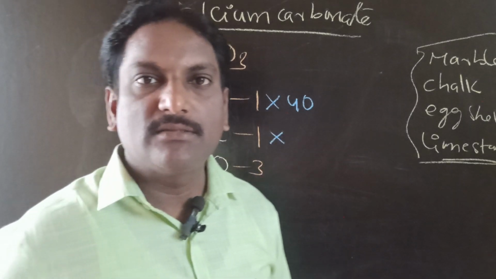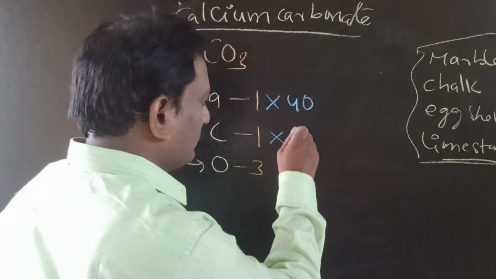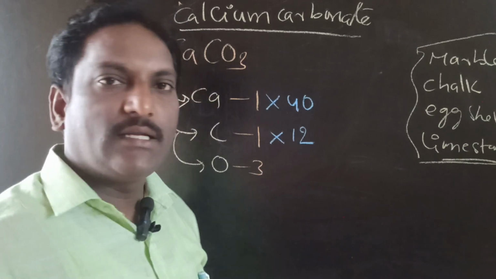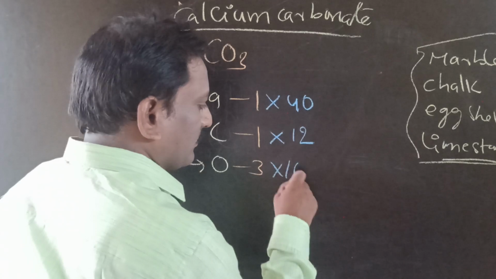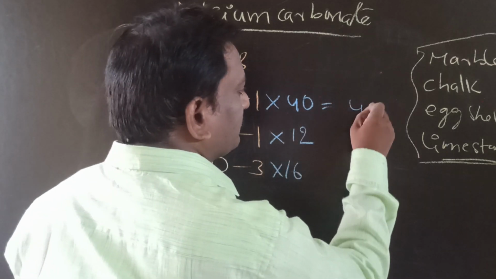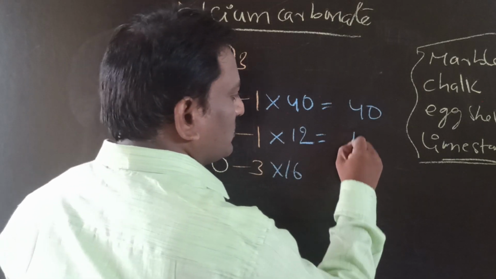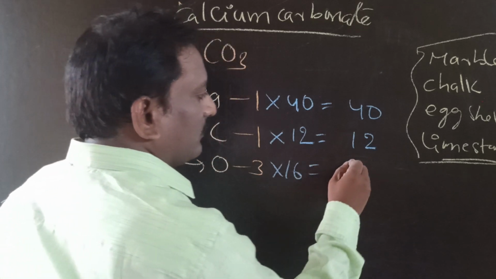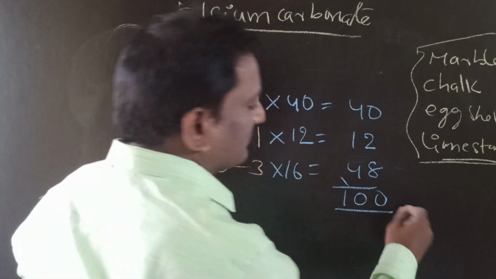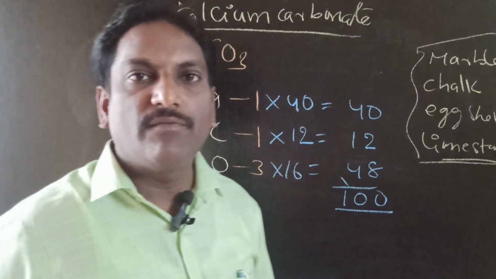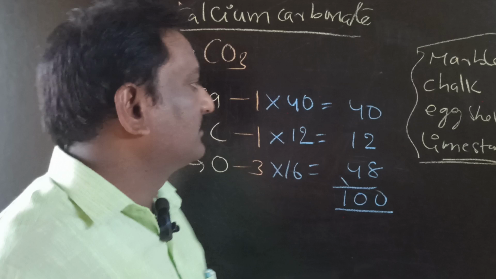Carbon atomic number 6, mass 12. Oxygen atomic number 8, mass 16. Right. 40, 12, 48, 100. So the molecular mass of calcium carbonate is 100.